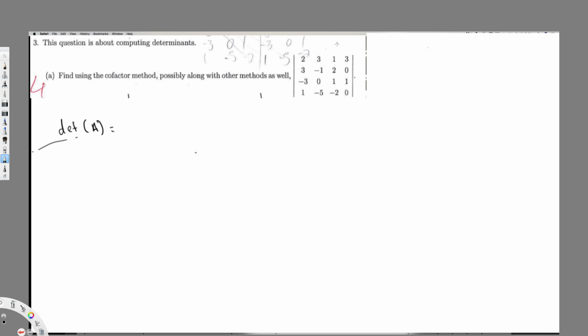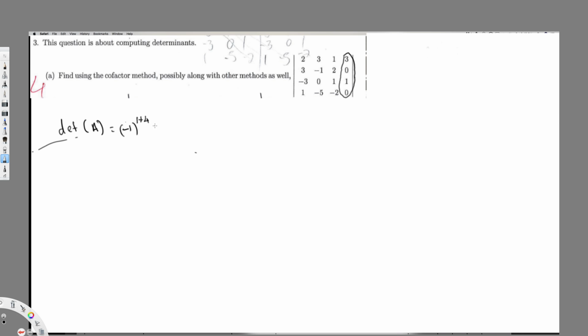If I choose this column right here, first of all I have to select 3 and mention the location. It's the first row, fourth column, so it's going to be 1 plus 4.